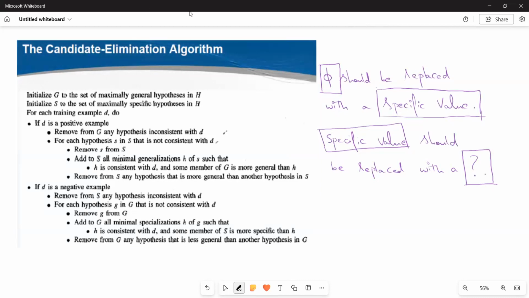I'll probably just label it for you. You have your positive example. For your negative example, your question mark will be replaced with a specific value.